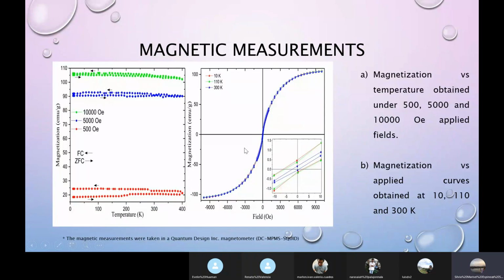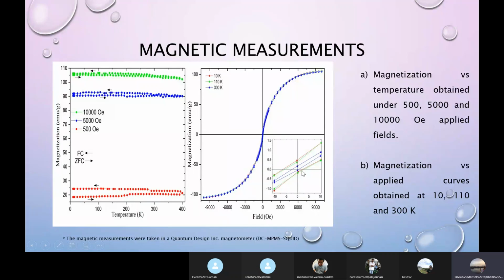Magnetization as a function of applied field curves are presented at 10 Kelvin, 110 Kelvin, and 300 Kelvin. At a high applied field, the values of the magnetization remain constant, revealing ferromagnetic alignment of the domains. The presence of paramagnetic domains is discarded or might be minimal since the magnetization does not change with the temperature.